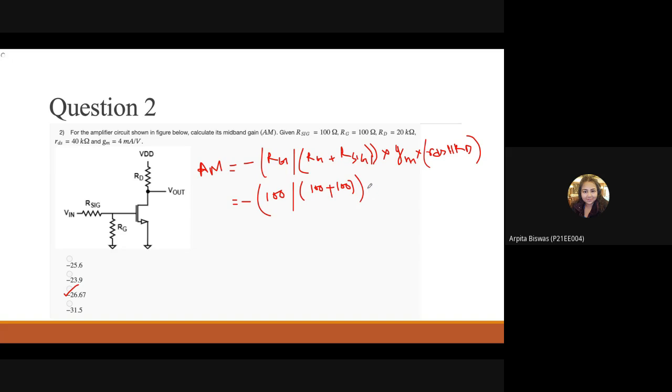What is the value of this gm? gm is 4 milliamps per volt, so 4 into 10 to the power minus 3.